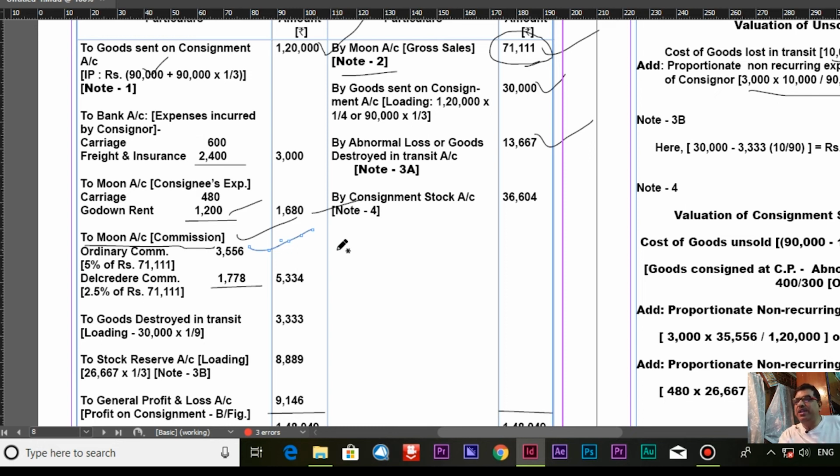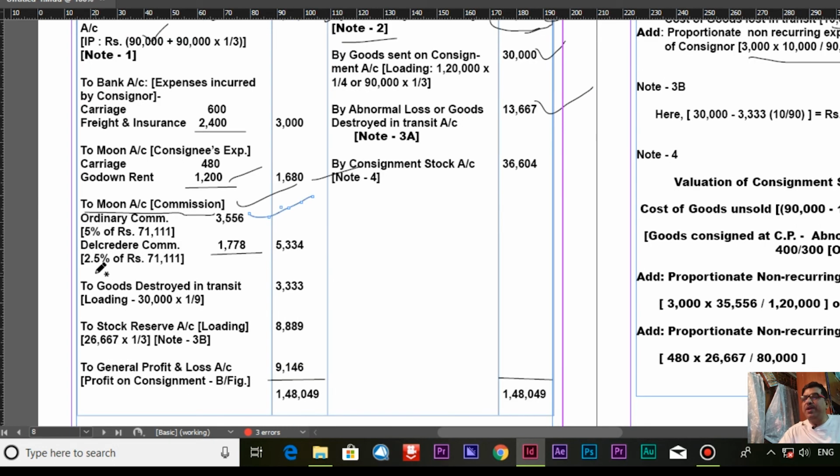For taking extra risks, the consignee is given some extra commission by the consignor. Therefore, if there is del credere commission in the given consignment, then there is no sense of bad debts, because there will be no bad debts, and if any bad debt arises, then that amount will be borne by the consignee.